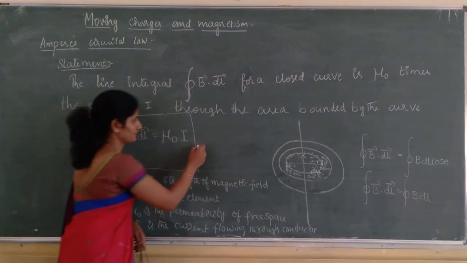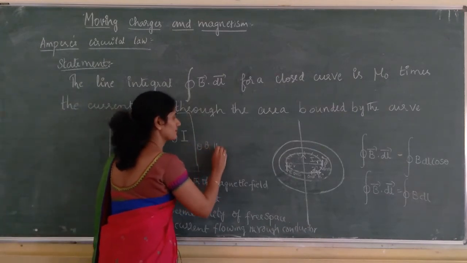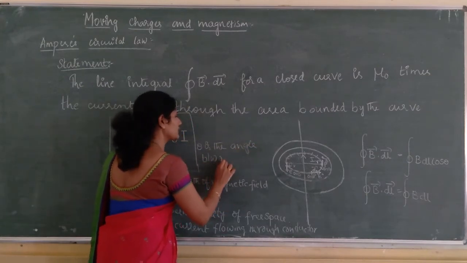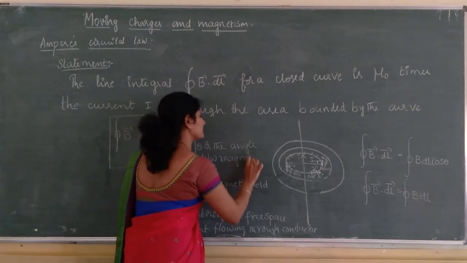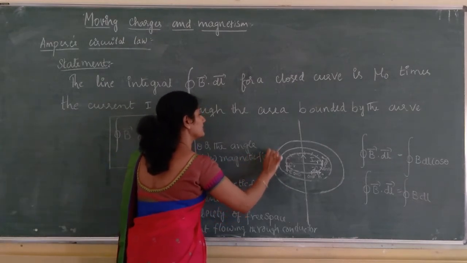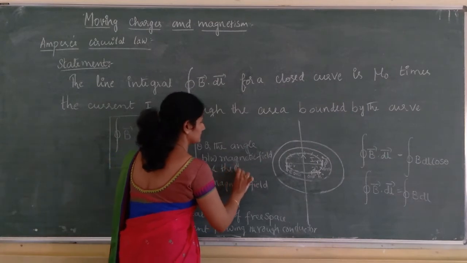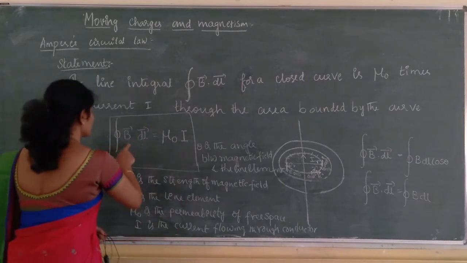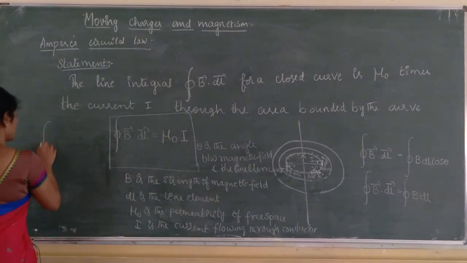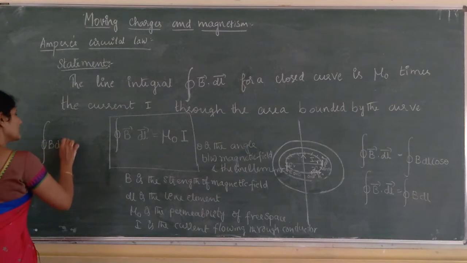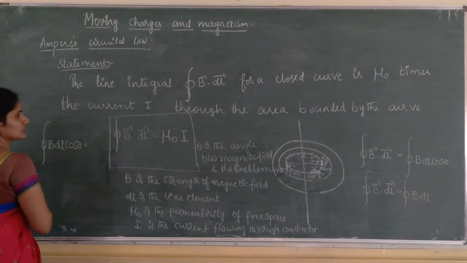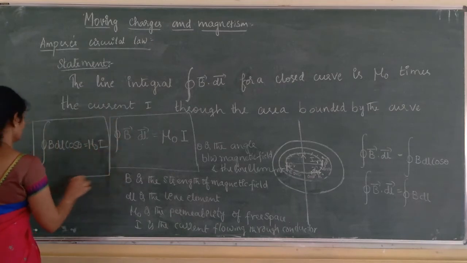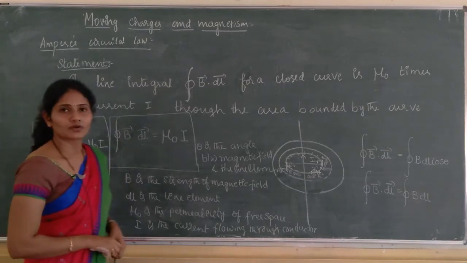And theta is the angle between the magnetic field and the line element. Because B vector dot dl vector is nothing but B dl cos theta. So, B dl cos theta is equal to mu naught into I. Okay.